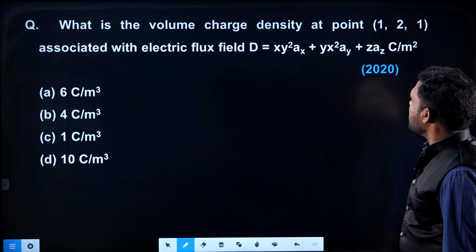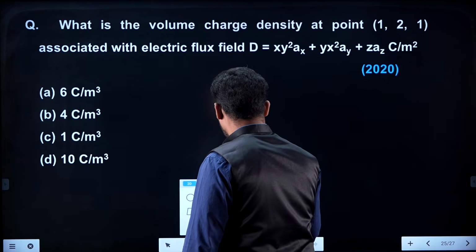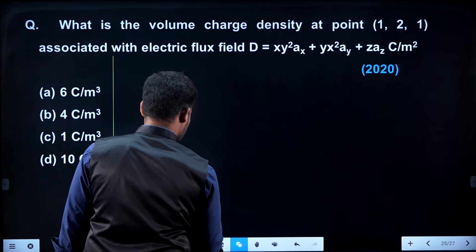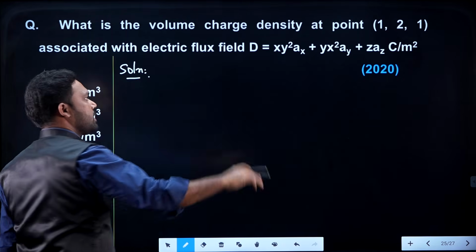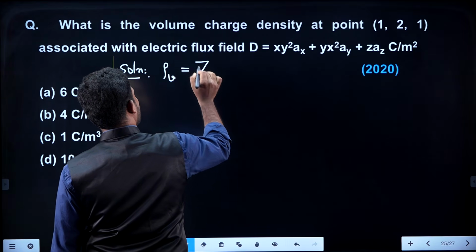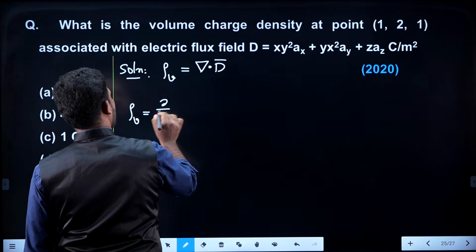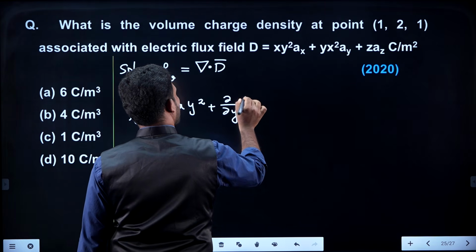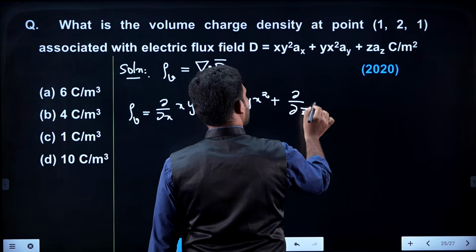What is the volume charge density at a point (1, 2, 1) associated with the electric flux density D? Directly you can make use of Gauss law. The rho v is equal to divergence of D. Formula based, it is dou by dou x of x y square plus dou by dou y of y x square plus dou by dou z of z.